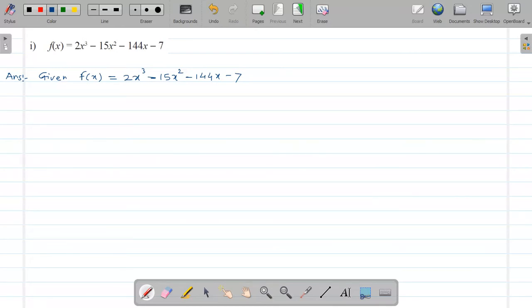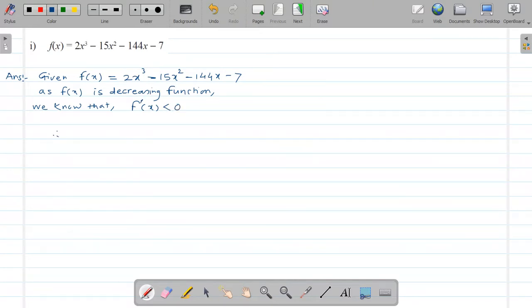Now as f of x is a decreasing function, we know that f dash x is less than 0. So this is given to you, f dash x is less than 0.